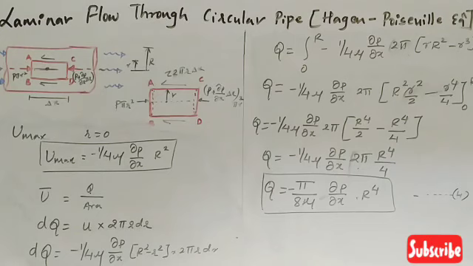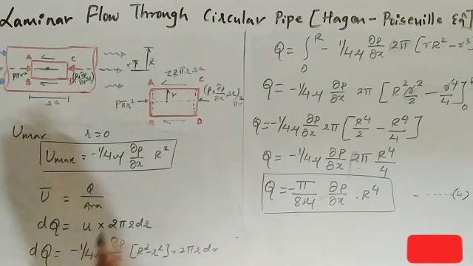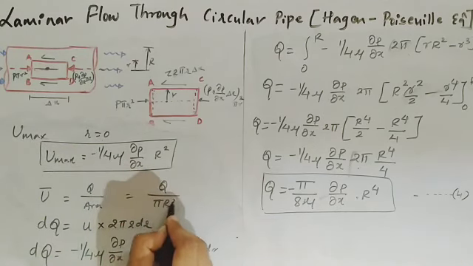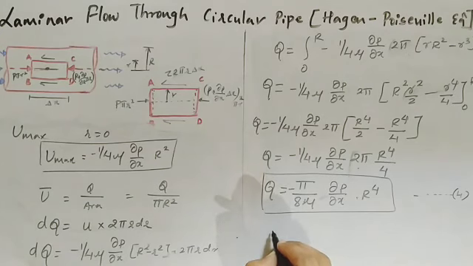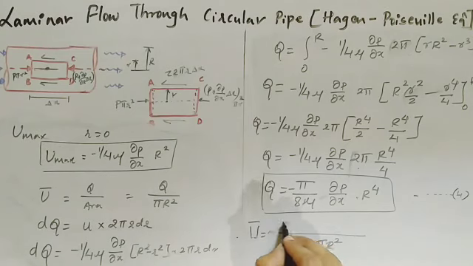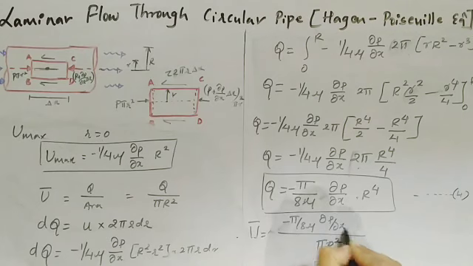Now the average velocity, we already know that it is the discharge divided by area. So that is Q divided by area, which is pi r square. Now if I divide this Q, the average velocity will be equal to Q divided by pi r square, that is minus pi by 8 mu dou p by dou x r raised to 4.